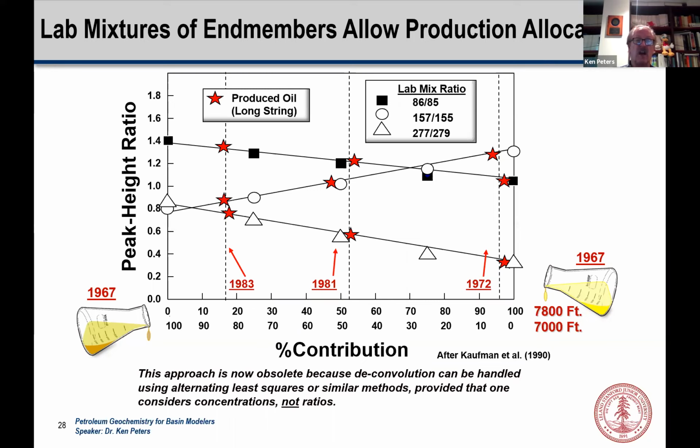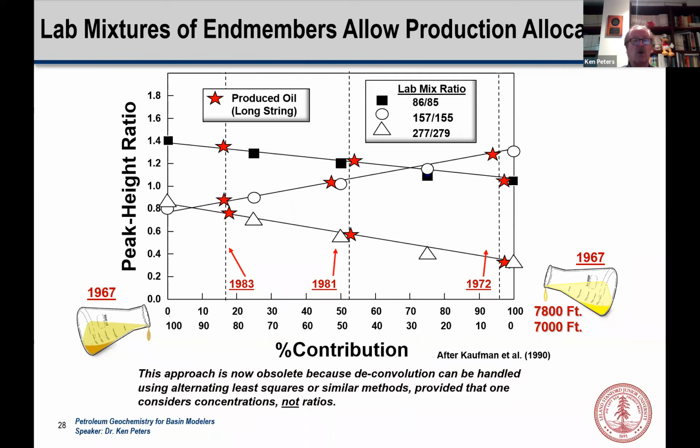And so 100% of that ratio is different. The 86 to 85 is over here. And then of course he made a 50-50 mixture, and he made a 75-25 and a 25-75 mixture. So now he has a calibration line, and he's using ratios now.